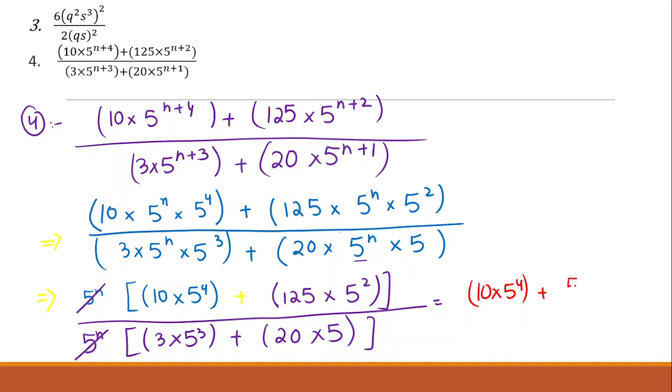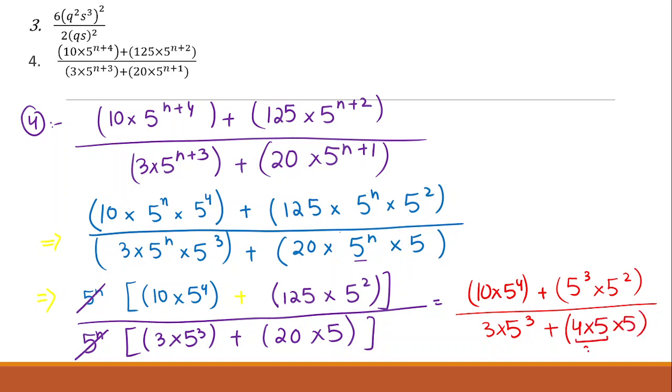So I can replace 125 by 5 to the power 3 multiplied by 5 to the power square, similarly divided by 3 multiplied by 5 to the power cube plus, and instead of 20 I can write 4 multiplied by 5 multiplied by 5, right? Because 4 multiplied by 5 is 20. So I can replace 20 with 4 multiplied by 5.